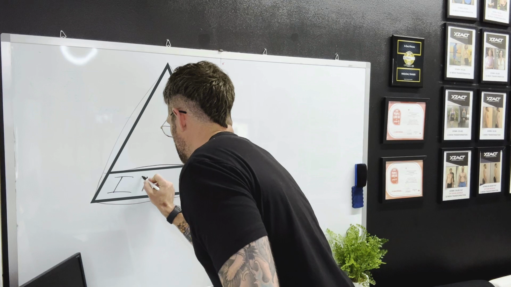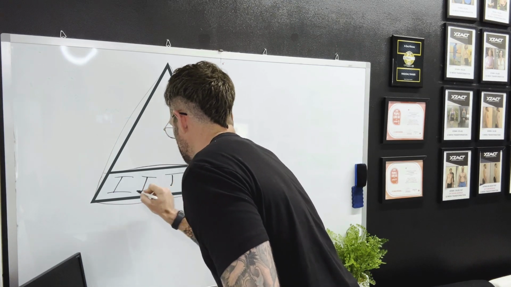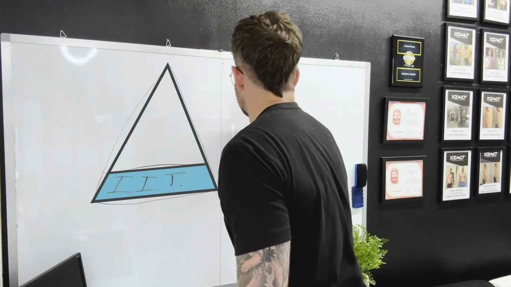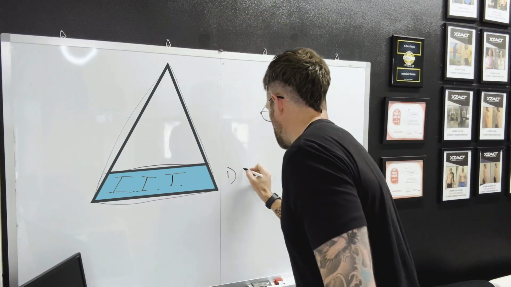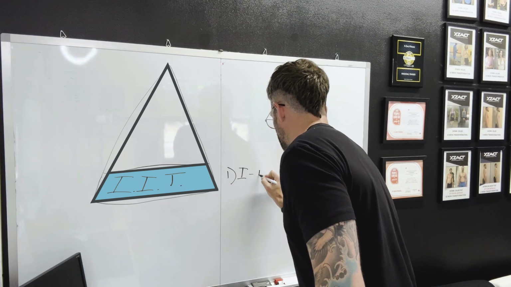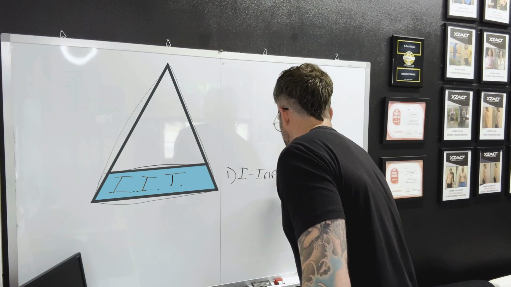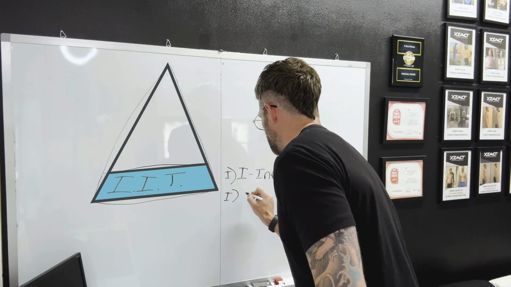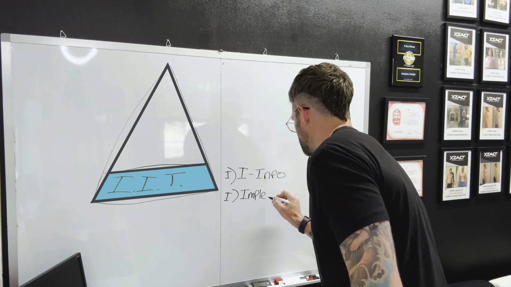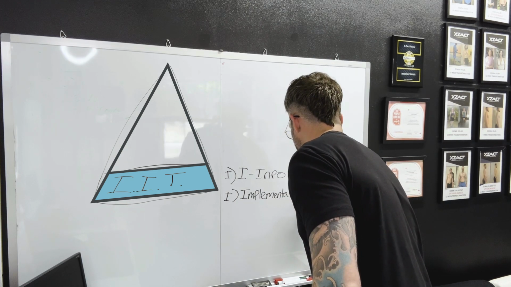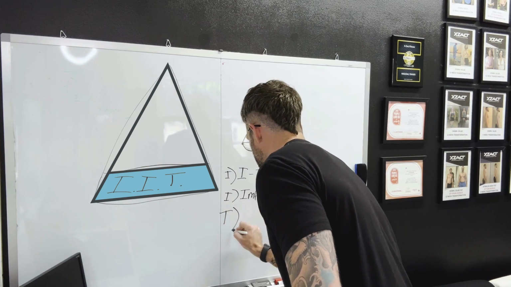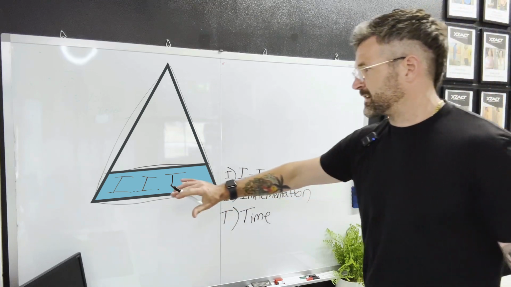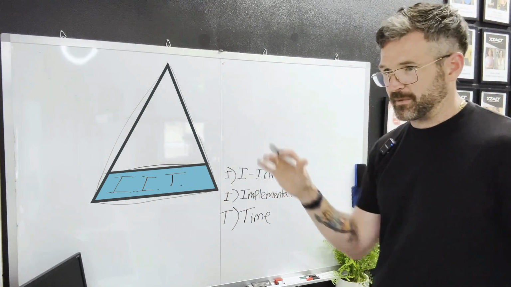So I, and T. I is going to be for information, so I'll just put info for short. The second I is going to be implementation. Don't judge my spelling. And the last letter is a T, which is going to be for time. So those are the 3 things that make up the foundation of our temple to transformation, okay?